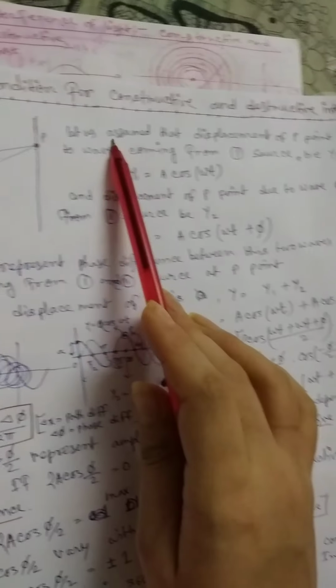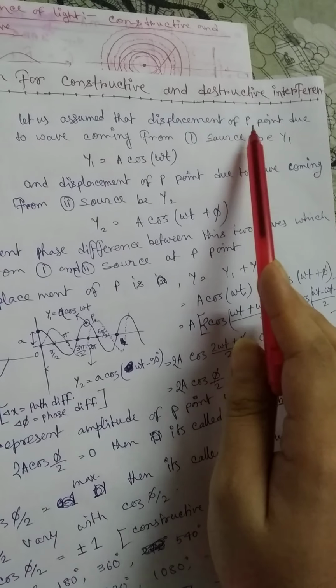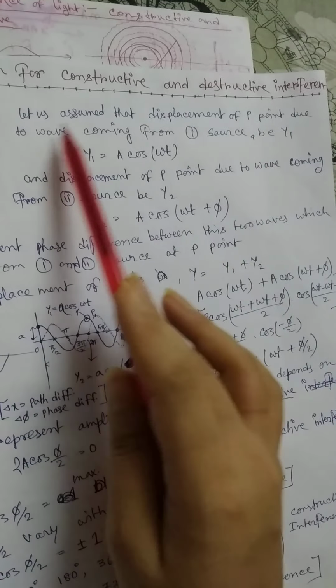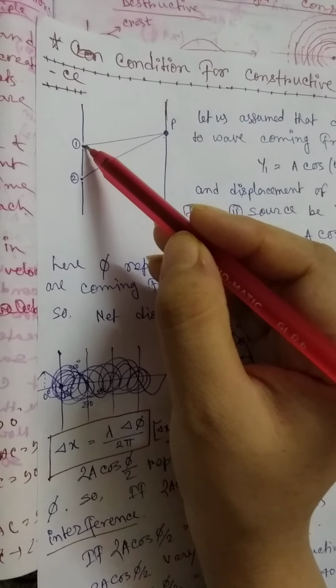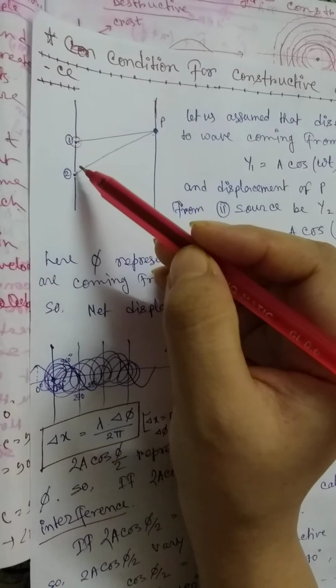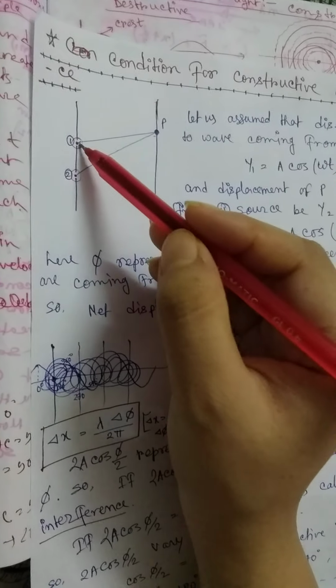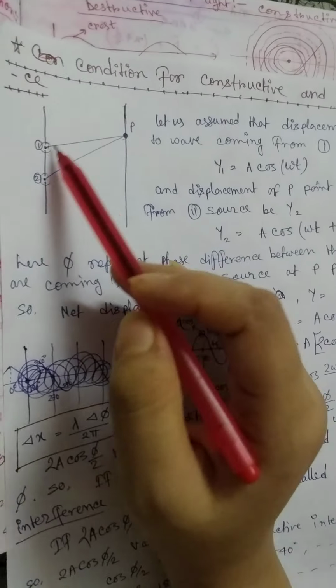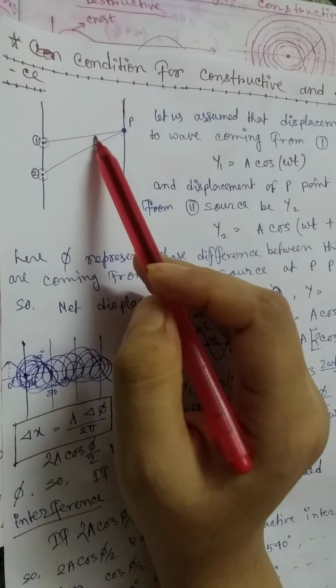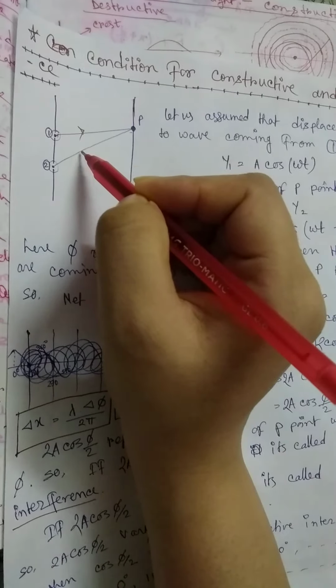So just look here, let us assume the displacement of P point due to the wave coming from the first source. Here this is source number 1 and this is source number 2. These are the two sources of wave. The light coming from the first source, this is the direction of light.